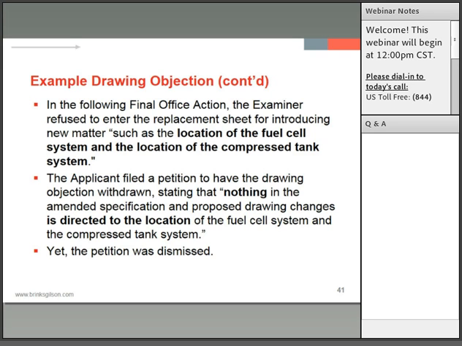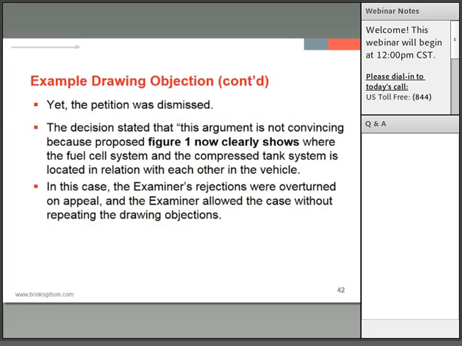But the applicant filed a petition to have the drawing objection withdrawn and said that nothing in the amended specification and in the proposed drawings was directed to the location of the fuel cell system and the compressed tank system. But the petition was dismissed with the reasoning that the argument was not convincing because Figure 1 with that symbolized vehicle now clearly shows where the fuel cell system and the compressed tank system is located in relation with each other in the vehicle.